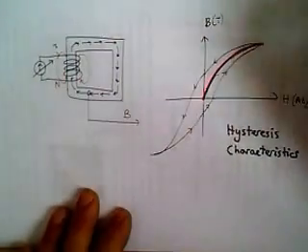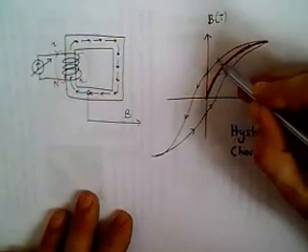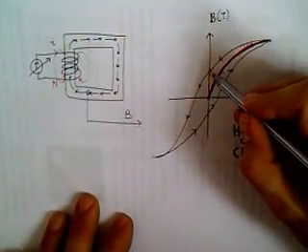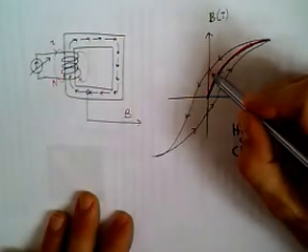At some predetermined maximum value, we stop and we decrease the current. As soon as we decrease the current, we reach a point where the current is zero, but the magnetic field inside the material is non-zero.